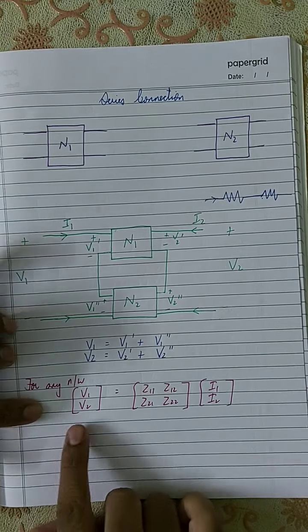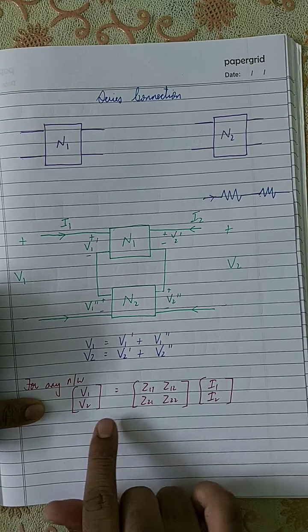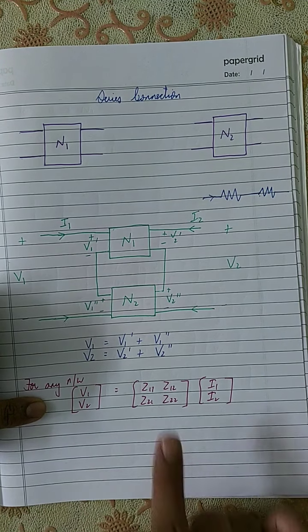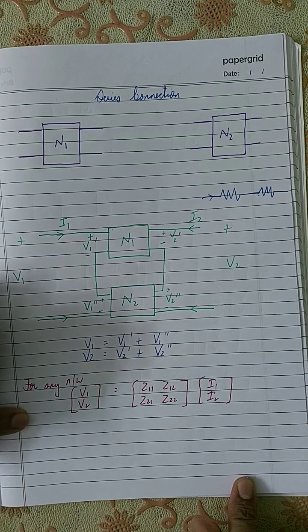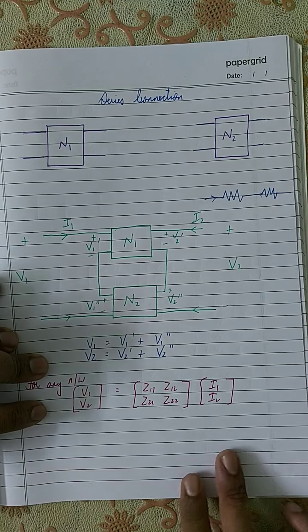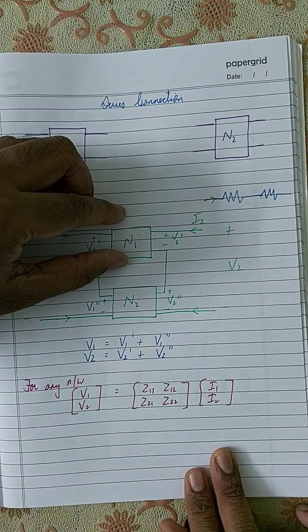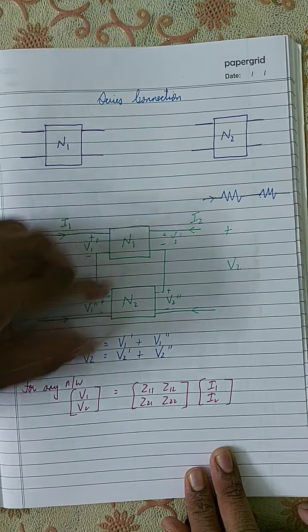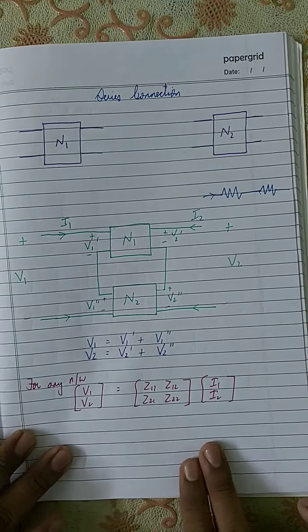This is the matrix equation of the Z parameters. I'm going to express the Z parameters of each network and then add them to get the overall one. So let's see what happens.